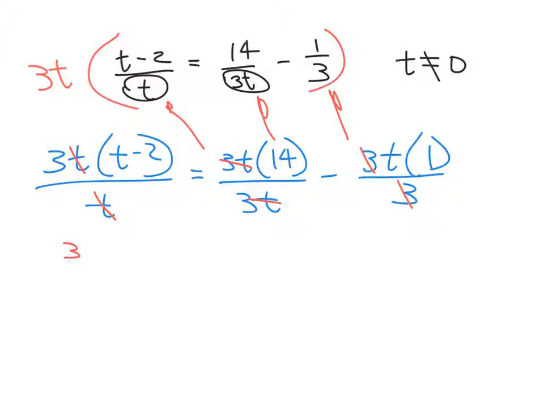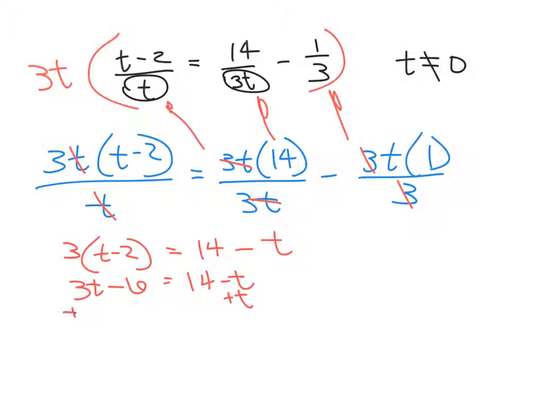So I've got 3 times t minus 2 equals 14 minus t. Alright, let's go ahead and distribute. Okay, I'm going to add t to both sides, and that gives me 4t minus 6 equals 14.